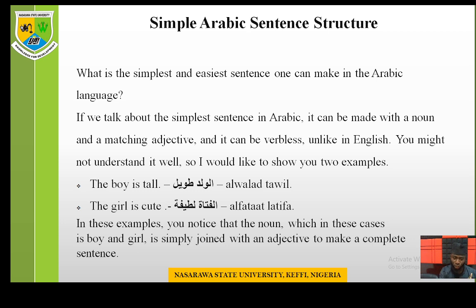In Arabic, we don't have any verb between these two nouns, which is al-walad is a noun and tawil is a noun. Likewise, al-fatatu latifa. The girl is cute.